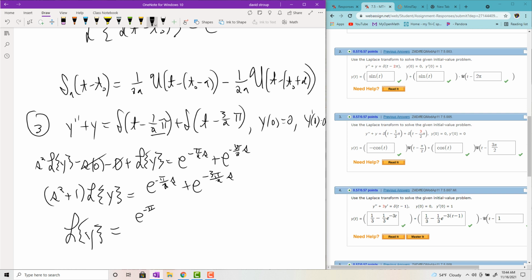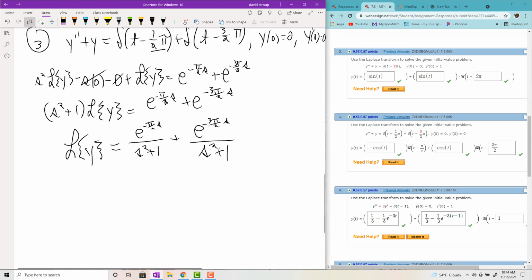So e to negative pi over 2s over s squared plus 1 plus e to negative 3 pi over 2s over s squared plus 1. And then you have, I guess, these will be those piecewise functions.